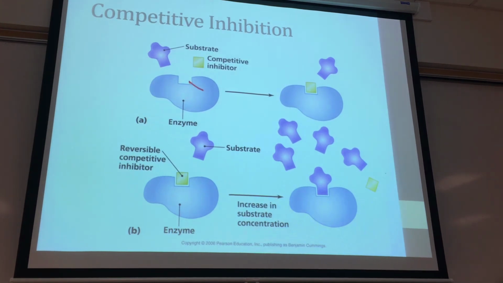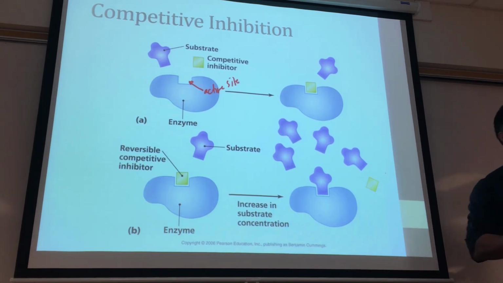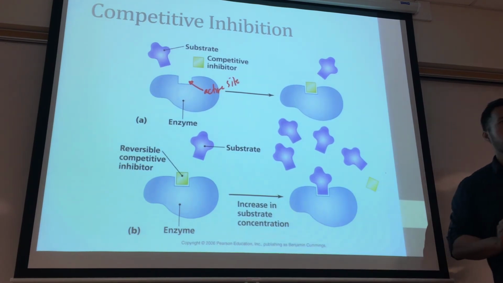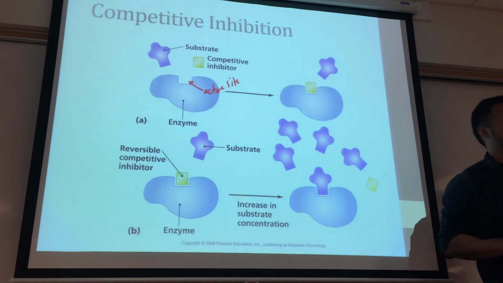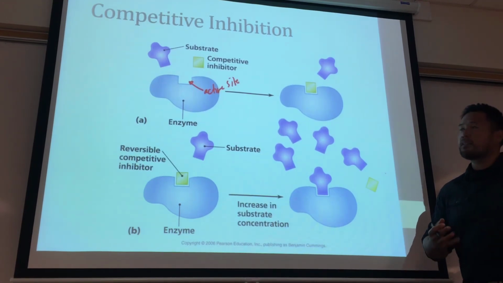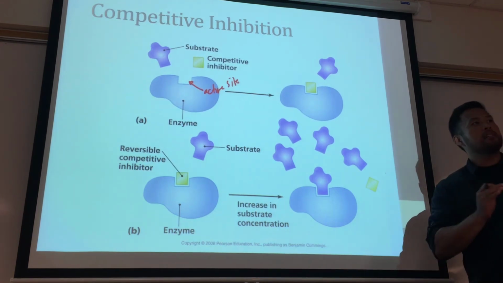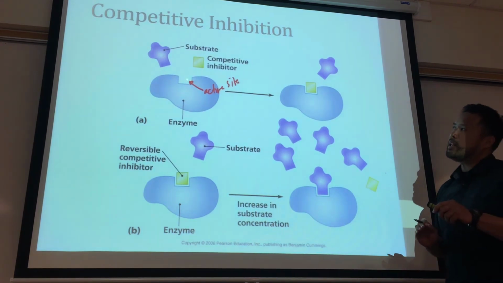So this is our active site. A competitive inhibitor comes in and binds to the active site because the structure of the inhibitor mimics that of the substrate. So as I mentioned earlier, lock and key, this competitive inhibitor kind of looks like that key, and it can fit into that area.